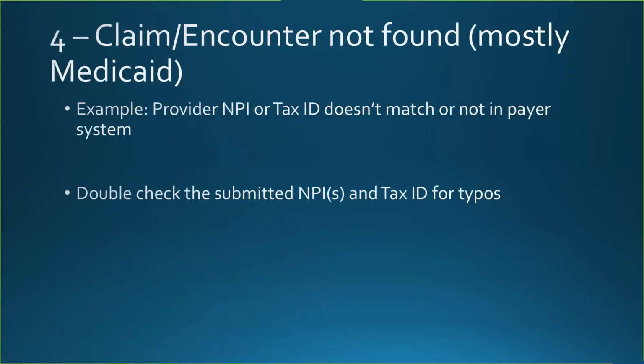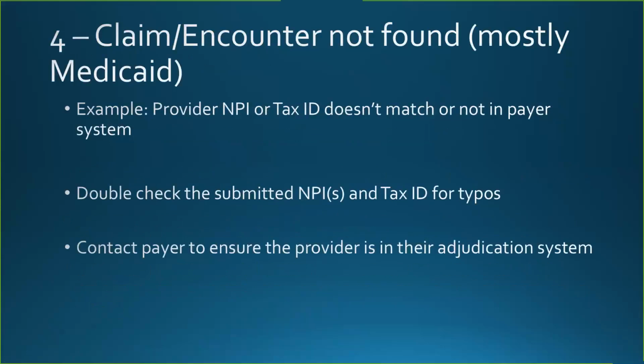And then if all else fails, reach out to the payer where you're getting this rejection and make sure that you are in their adjudication system and see if there's something that you need to correct on your end. This is really common in a lot of Medicaid. I know Melina has a lot of issues with these types of issues where the tax ID doesn't match or maybe the NPI isn't in their system. So make sure that you're in the system before you start sending claims.